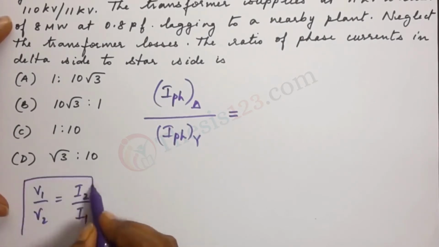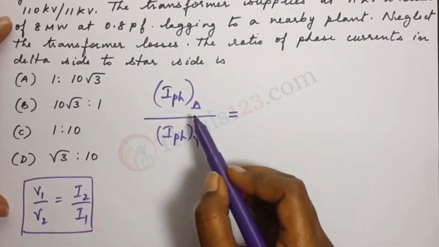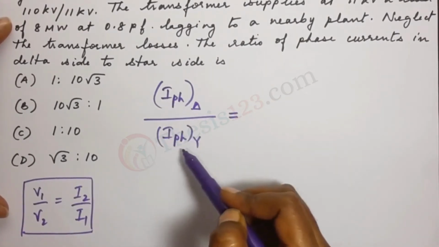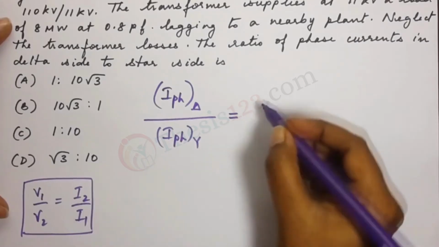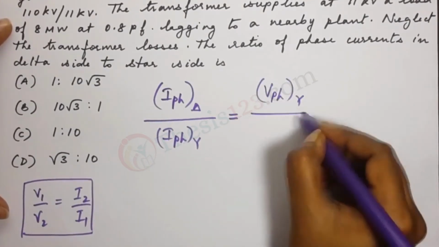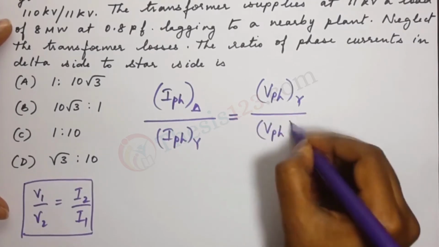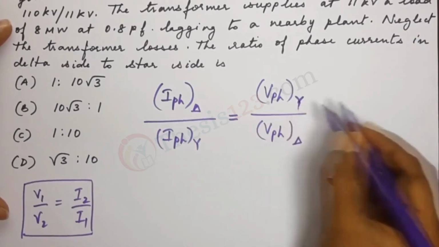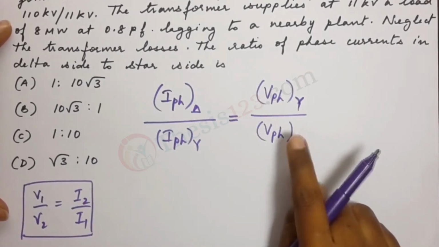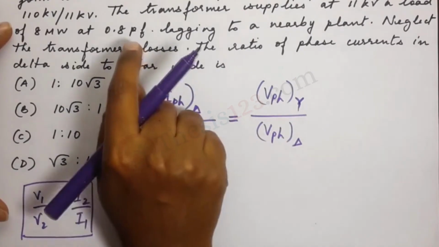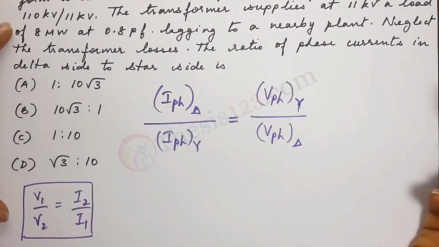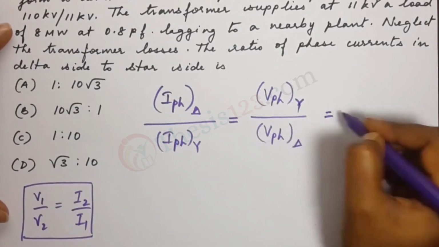Now, if we were to use this in the ratio that we have been asked to find, I phase of delta divided by I phase of star would be equal to V phase of star divided by V phase of delta. Right, they are inversely proportional. So we can easily write it this way. This is because in the question we have been given only the voltages. We have not been given what the current values are. So we can use this.